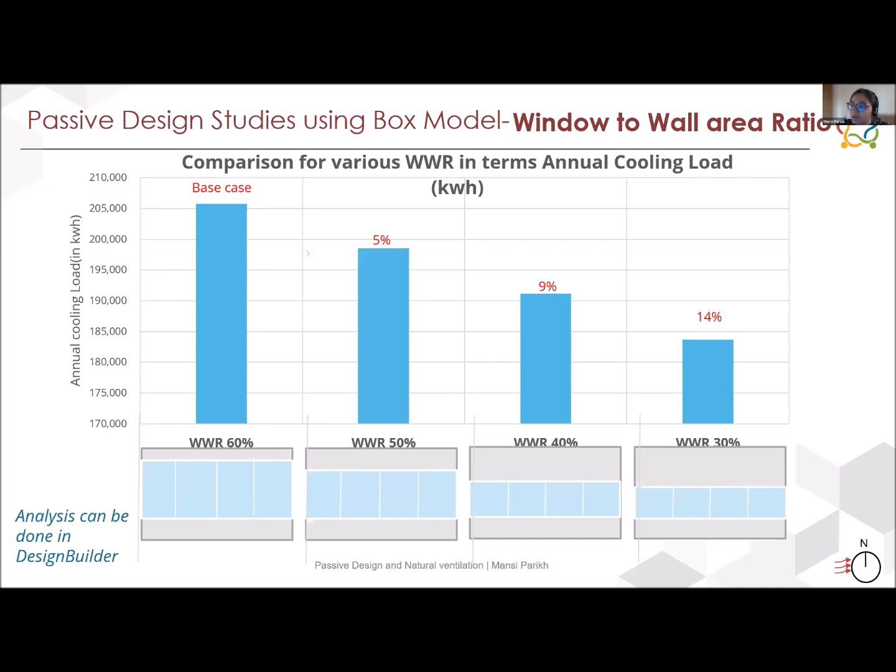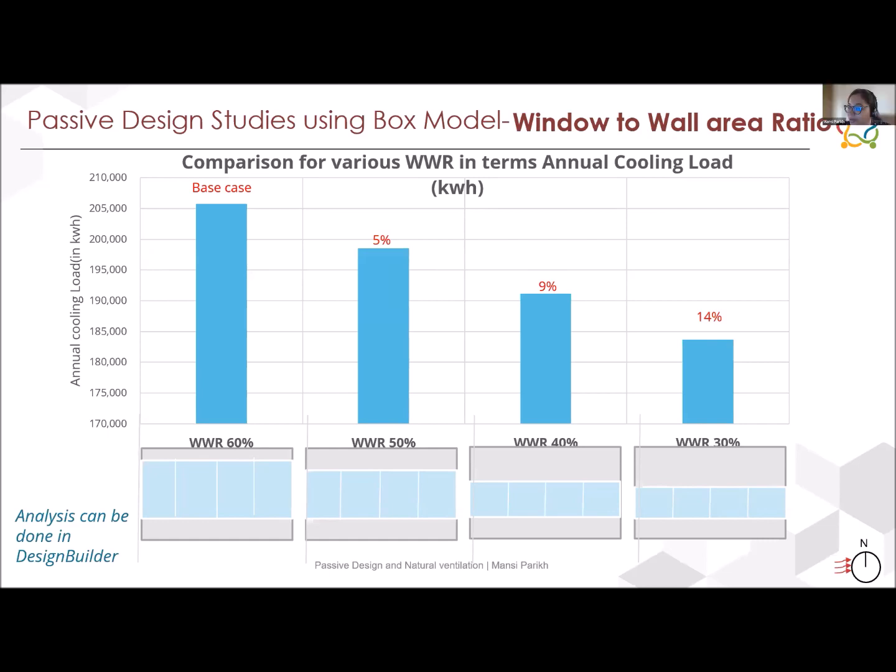So this is the reduction in terms of percentage as compared to the base case. So 50% is compared to 60%, 40% is again compared to 60%, and 30% here is compared again to the base case, that is 60%. So 14 is the difference in terms of annual cooling load reduction as compared to the base case of 60%. I hope I answered that question. Yeah, thanks, Mansi.